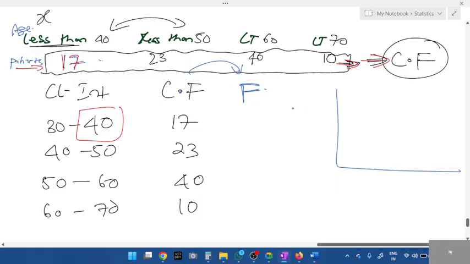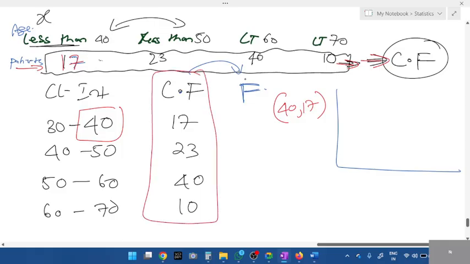What are the two things required to plot an ogive graph, Naomi? One is cumulative frequency, and the next one is the class mark. Which one, lower limit or upper limit? So 40 comma 17. For this type of question, cumulative frequency is already given, right? Do we need to convert it again? No. For ogive, we don't need to convert. Can you see? We take the direct value and solve.